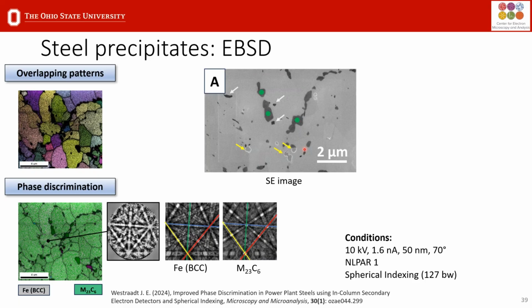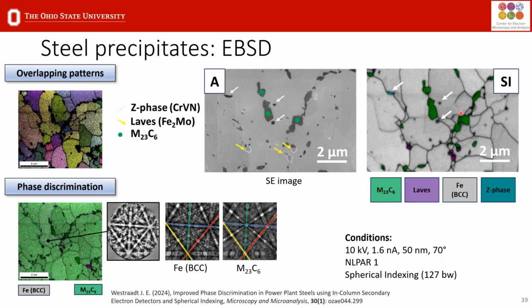Now, to determine the crystallographic information, usually you have to cut out a TEM foil using a focused ion beam and then do the analysis in the transmission electron microscope to determine the phase. What we're trying to do here is to use EBSD analysis to at least identify these crystal structures or map them to what we think they are.